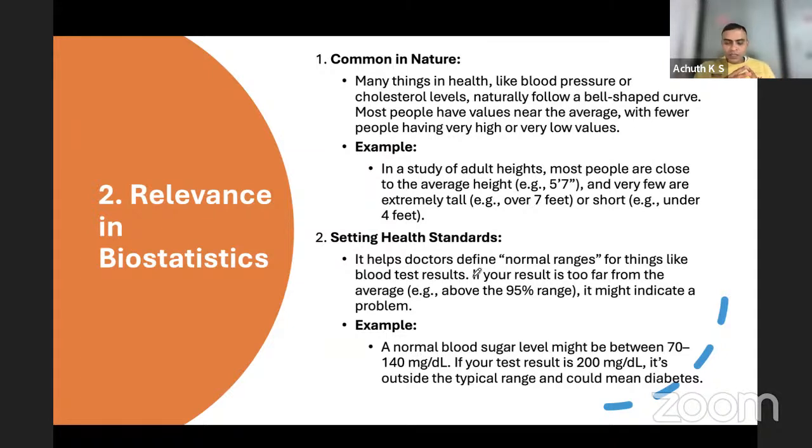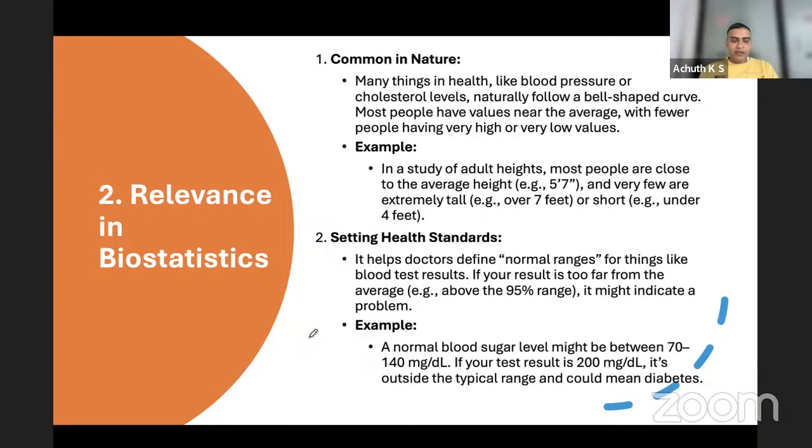For example, when you say that the normal range of blood sugar is less than 100, this has been calculated based on the average, that 95% of the adults, when you take the blood sample in normal non-diabetic individuals, their blood samples are coming in the normal range. The 5% might come in the abnormal range also, but majority of the times it comes in the normal range.